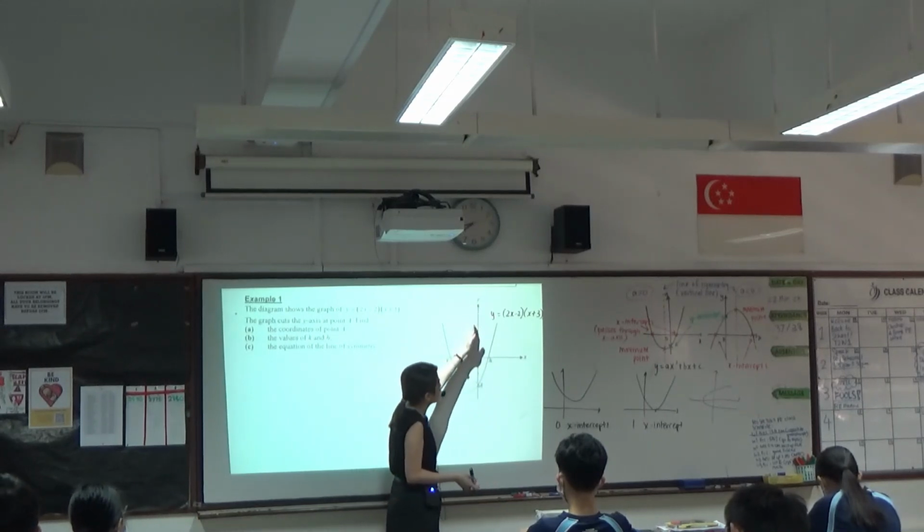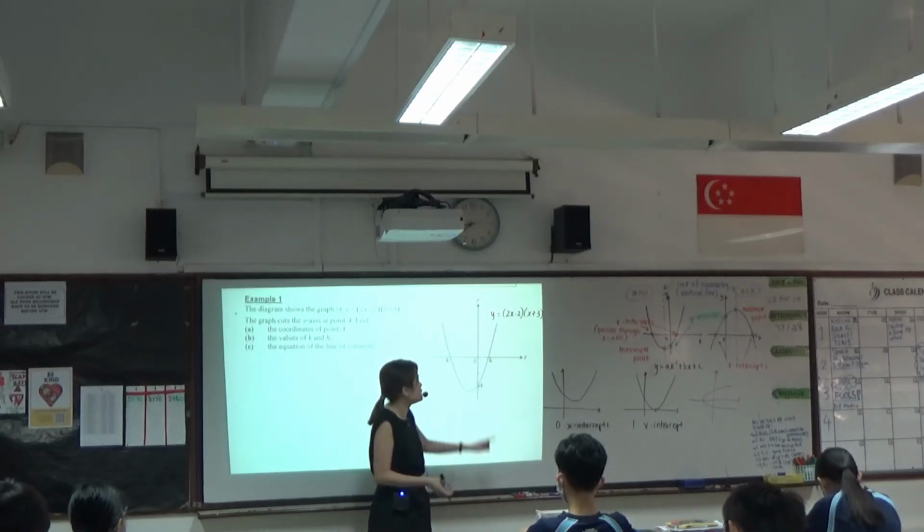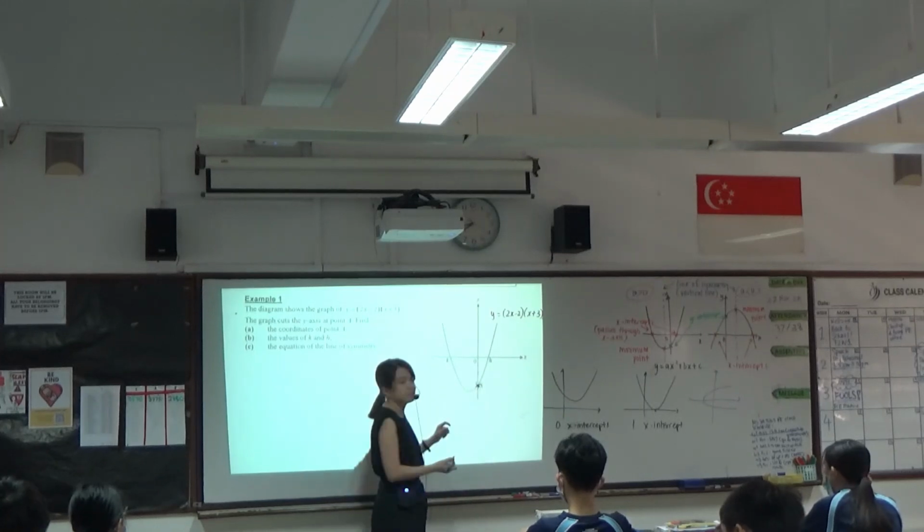When it passes through the y-axis, your x must be equal to 0. Look at understanding this coordinate over here. For this particular point, what would the x coordinate be?